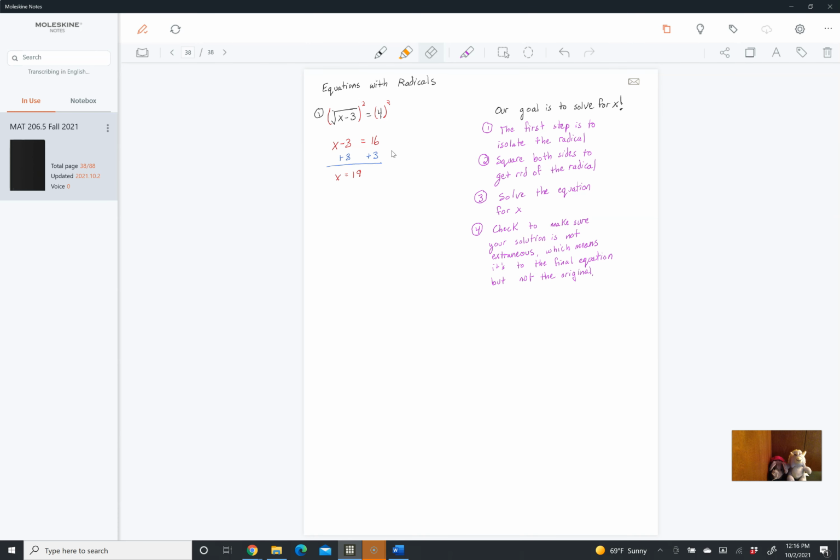For this, we plug it into the original equation to make sure that the original equation holds true. Meaning the left side is equal to the right side.